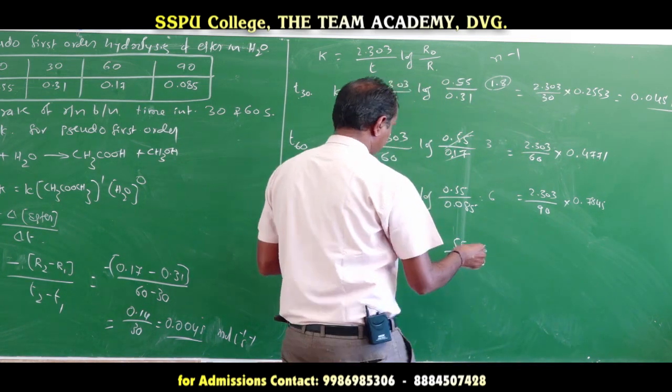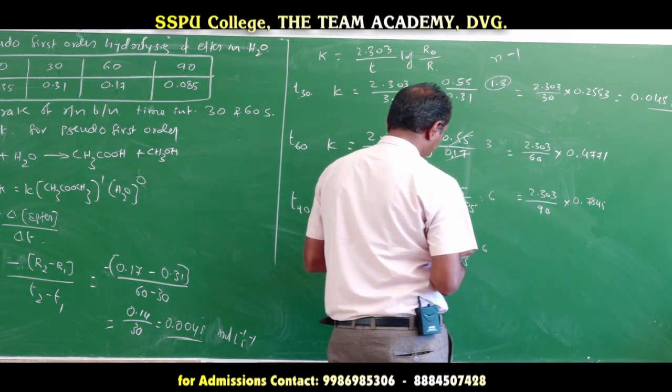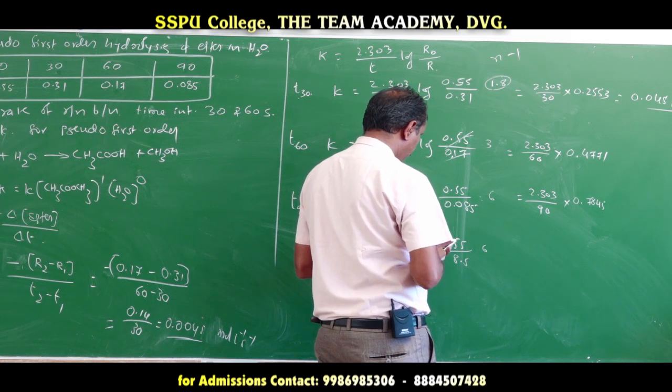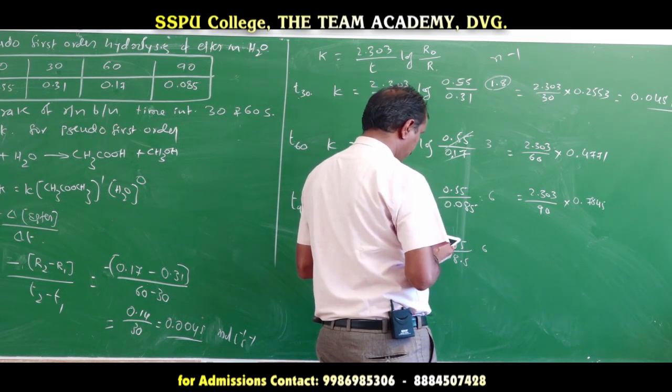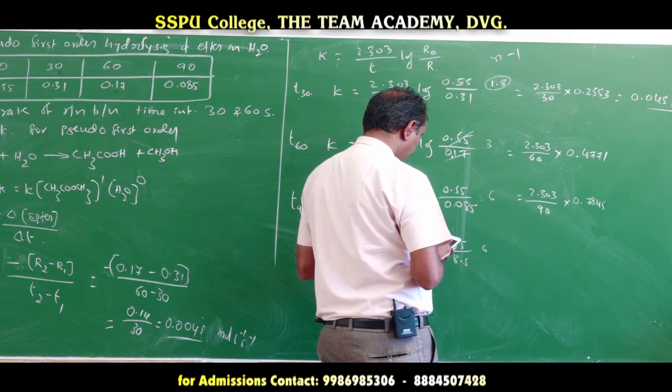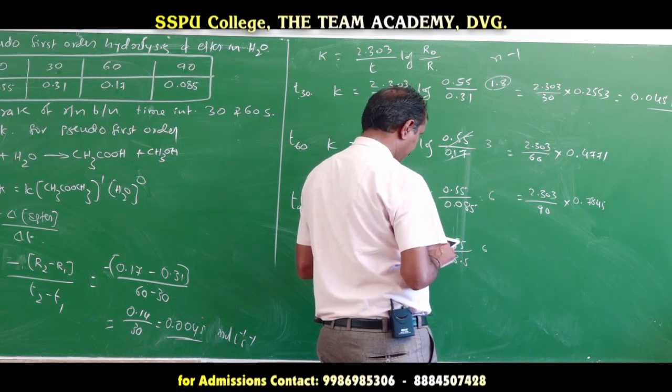Then here 2.303 into 0.4771 divided by 60.